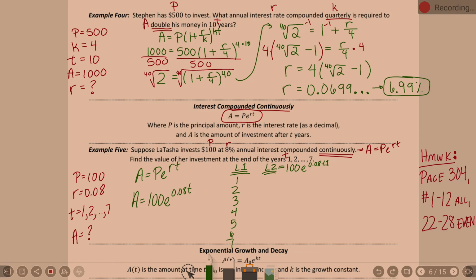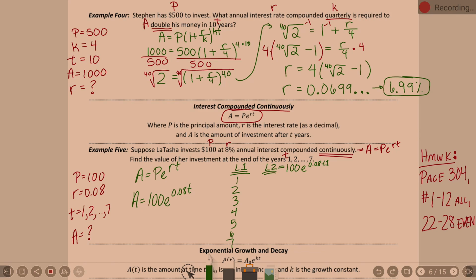And then in L2, if you want to enter a formula, you go up into the heading. So I'm up there where it says L2 equals. We're going to type in our formula. 1000 e, which is the second function of the natural log button, e to the 0.08 times L1, which L1 is the second function of 1.